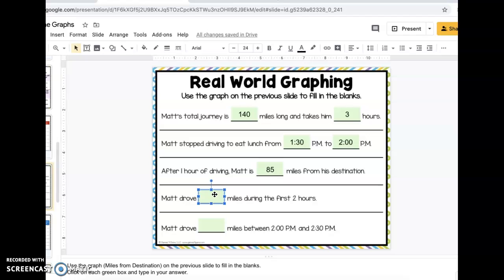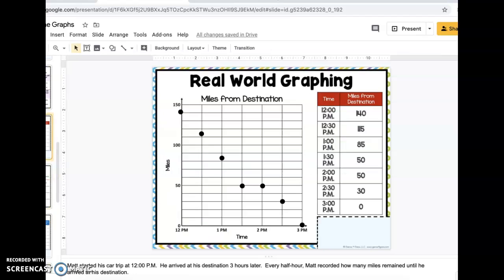How many miles did Matt drive during the first 2 hours? So, I count here, it was 85, and then I need to look at what the difference was at 2 o'clock. So, if you add it up, I said add it up, but what I meant was subtract. You could probably add it by repeated addition, but we're going to take 140 and then look where he was at 2 hours later.